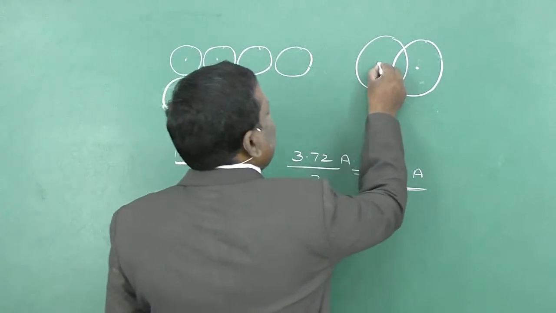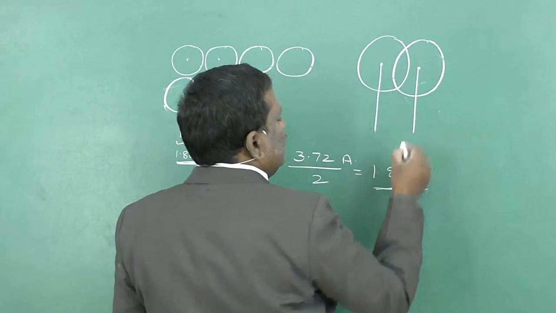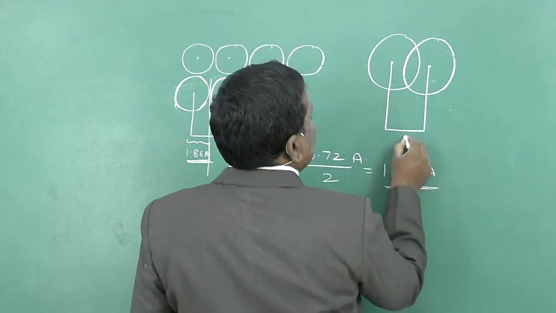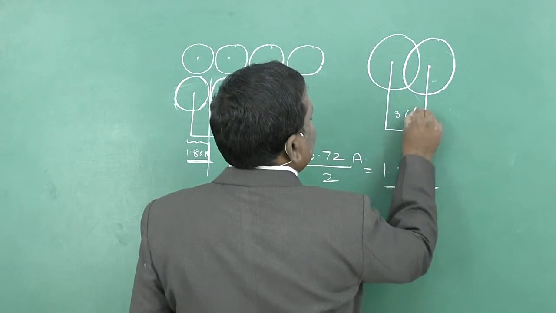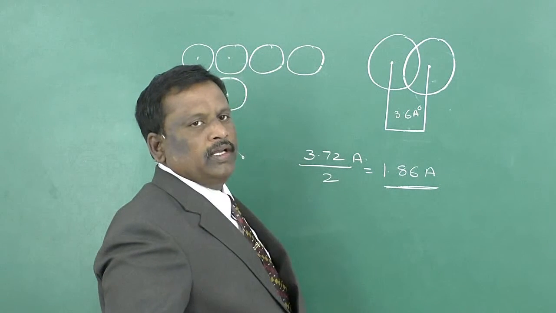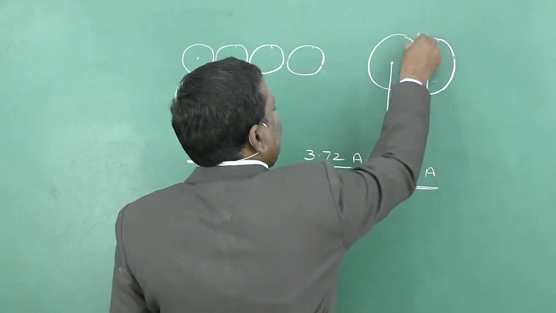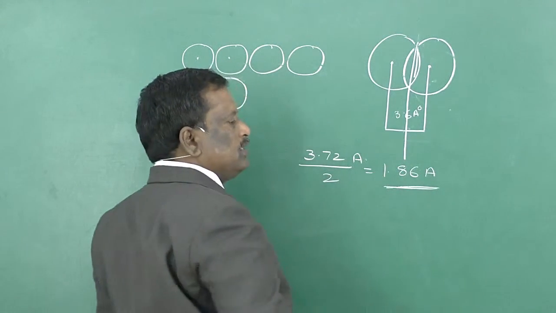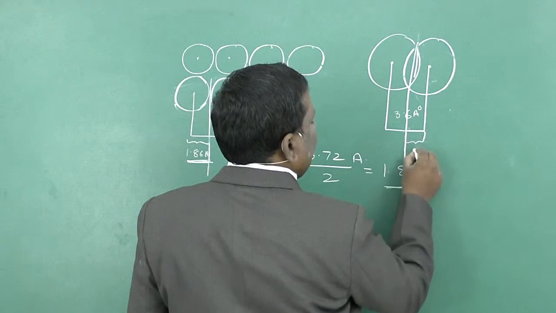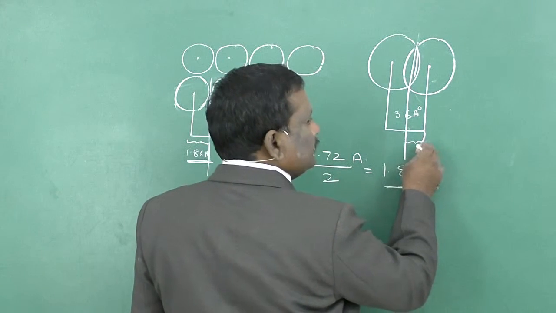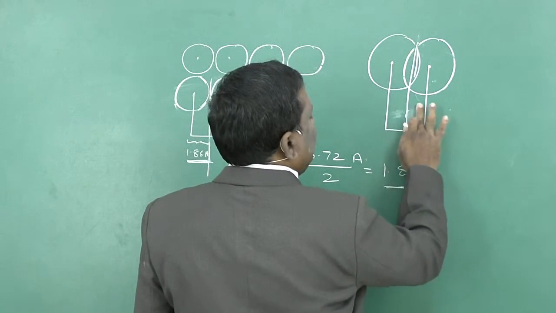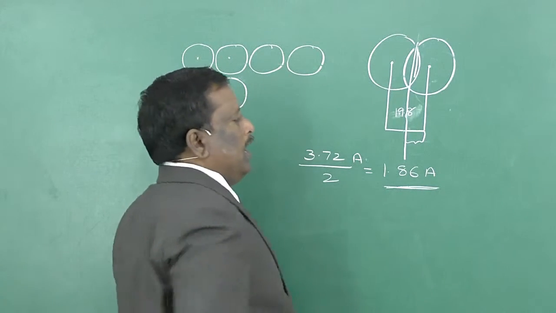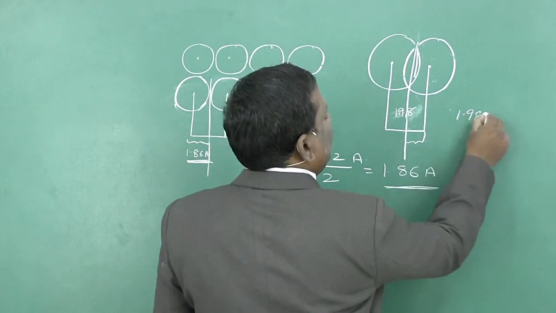Now the internuclear distance between these two Cl atoms in the Cl2 molecule is found to be 1.98 angstroms, and half of it will be 1.98 by 2.